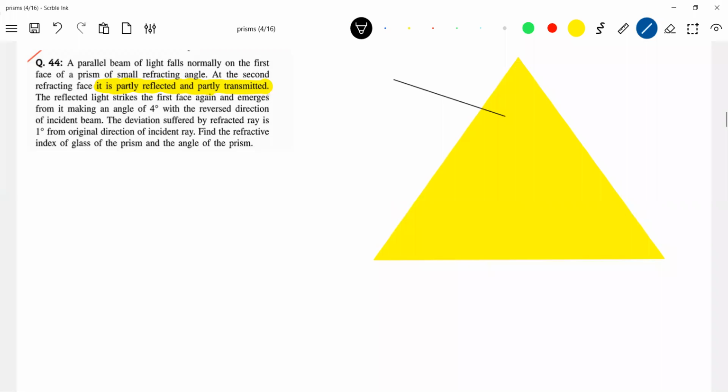It is normal for this, so here there's a normal.